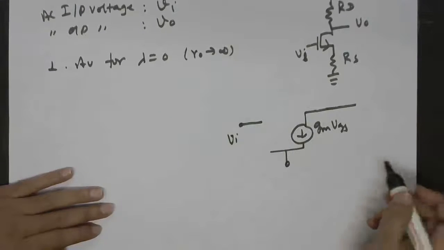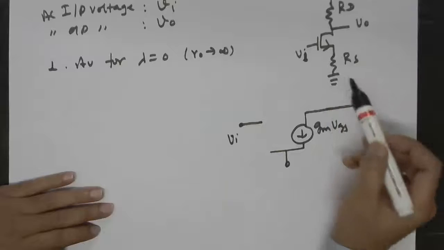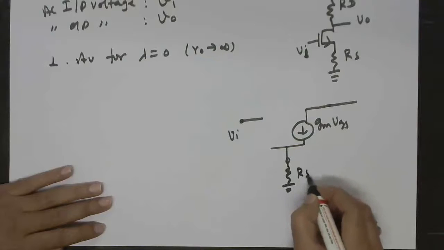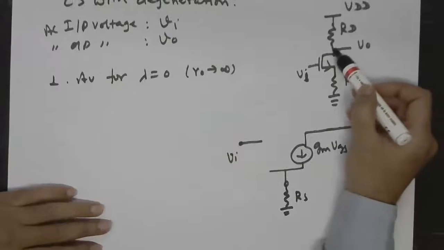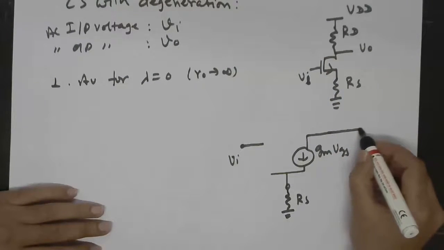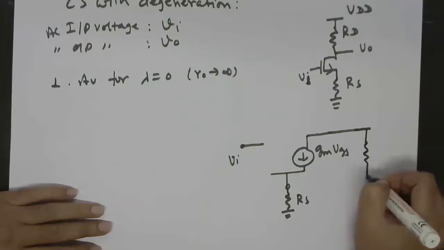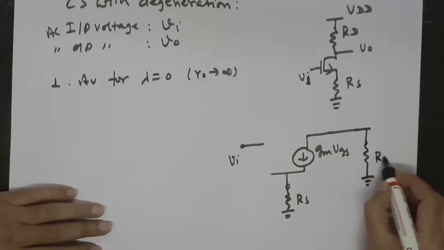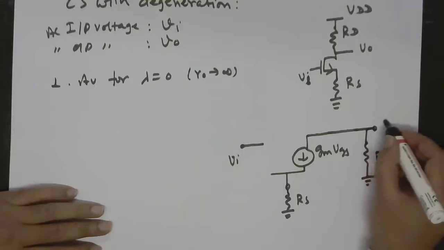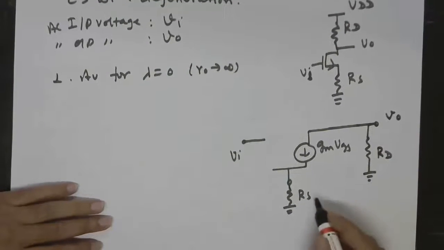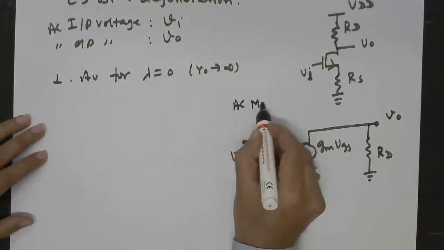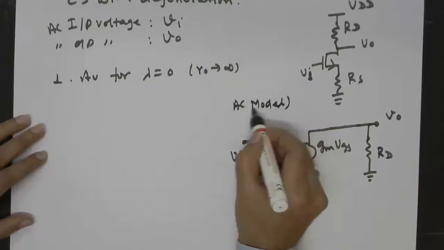So this is our MOS, and now we find that there is a resistor between source and ground. So we put this source resistor, and there is a resistor between drain and AC ground. So this is an equivalent AC model of the above circuit.